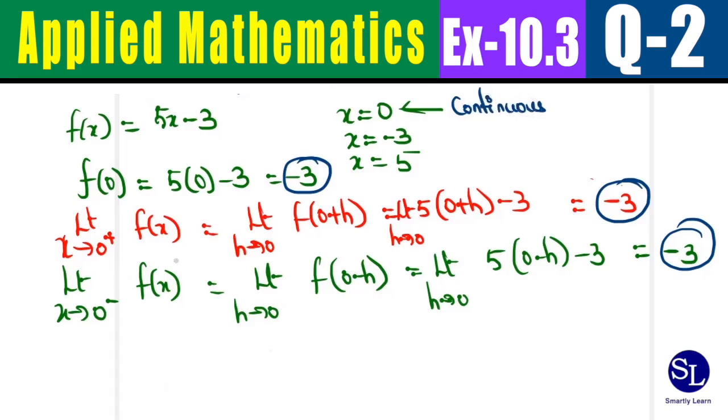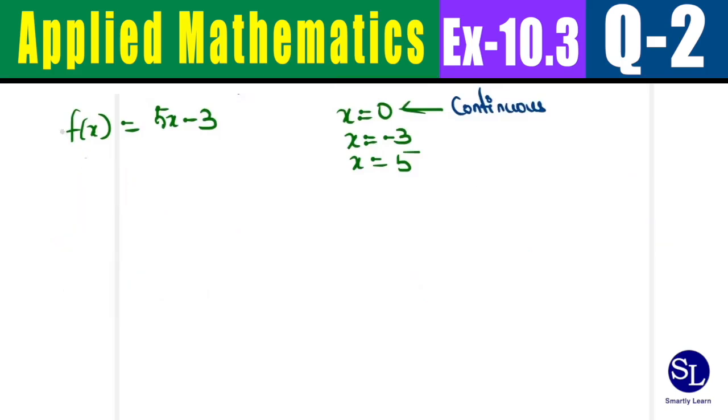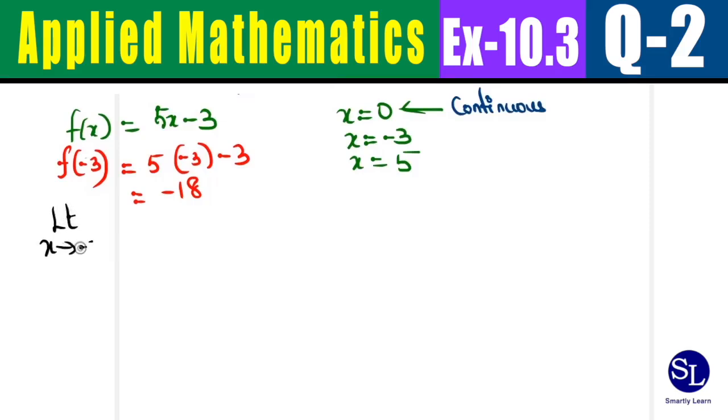Now let's test the continuity at x is equal to minus 3. So let's compute f of minus 3 first. So it is 5 into minus 3 minus 3. 5 into minus 3 is minus 15, minus 3 is minus 18. Now let us compute limit x tends to minus 3 plus, because this is going to be the plus sign that I need.